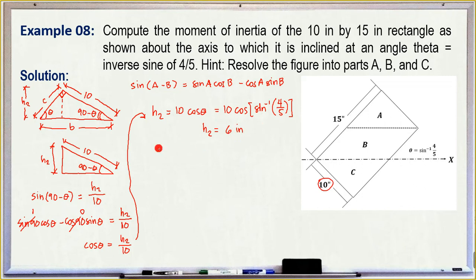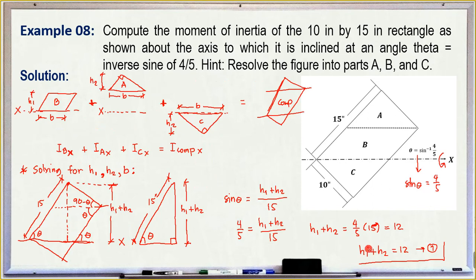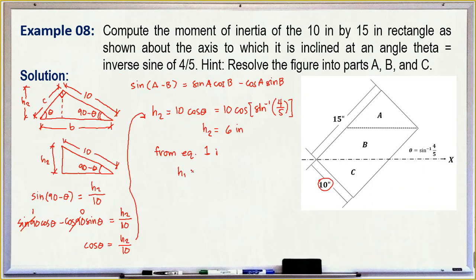Now, from equation 1, we all know that height 1 plus height 2 equals 12. So h1 plus h2 equals 12.